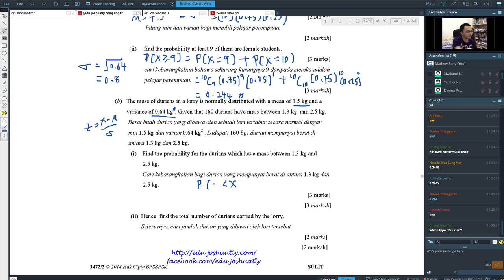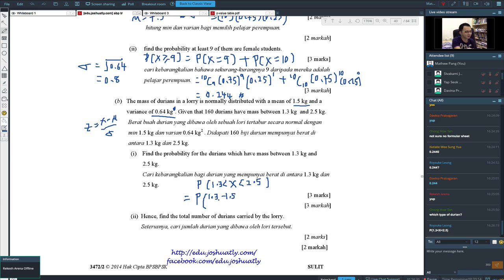In order to use the z value, I will need to minus the mean divided by standard deviation. So I will use 1.3 minus the mean, which is 1.5, over standard deviation 0.8. And this is 2.5 minus mean, which is 1.5, over 0.8.